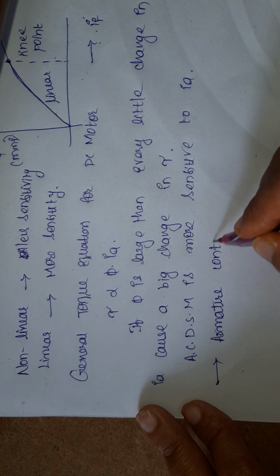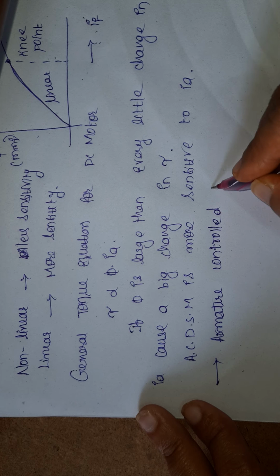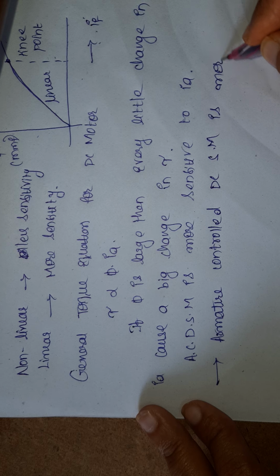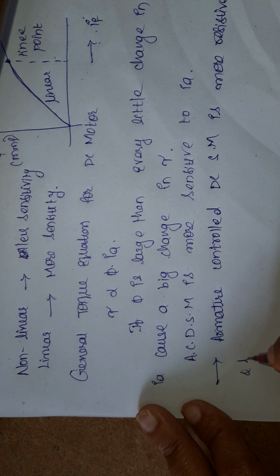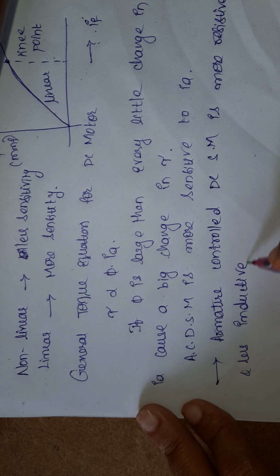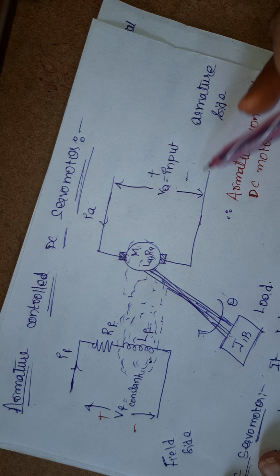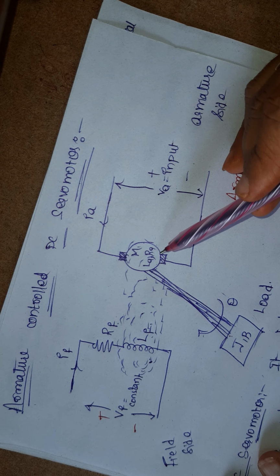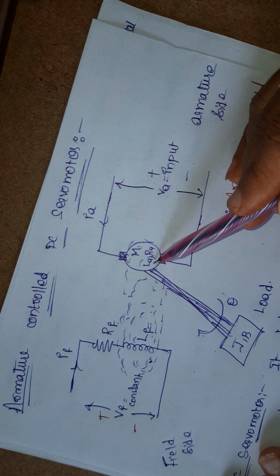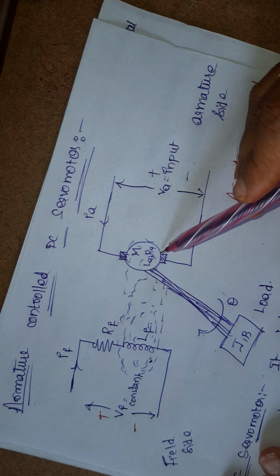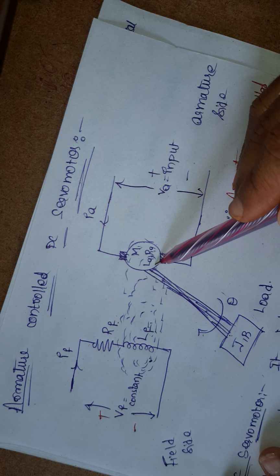How am I saying it is more resistive and less inductive? This is the armature side. On this armature side I have LA and RA. It is more resistive, less inductive.